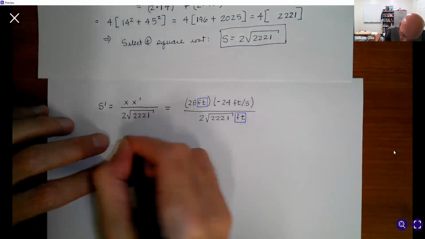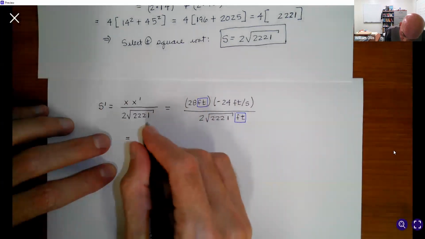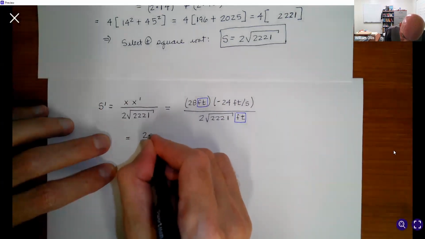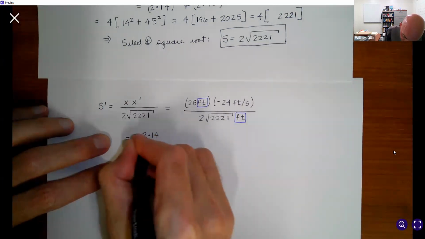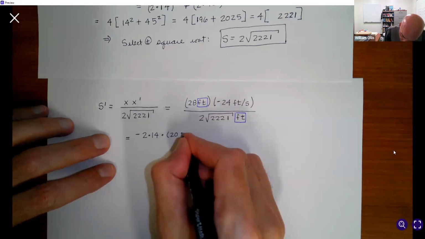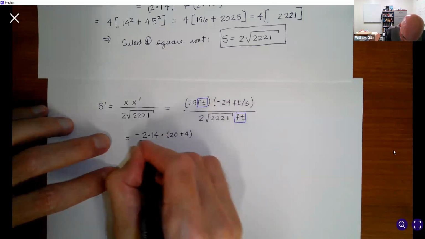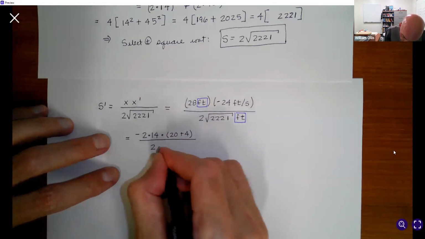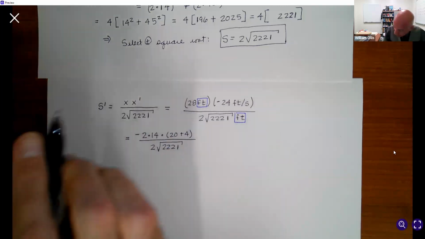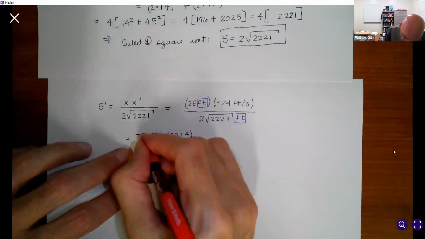Now, of course, we can absorb the 2 here. If you want, we'll just have what? 2 times a 14, of course, there's a negative now, times a 24, so we'll just say 20 plus a 4. And then we have 2 square root 2,221. And of course, the 2's absorbed.